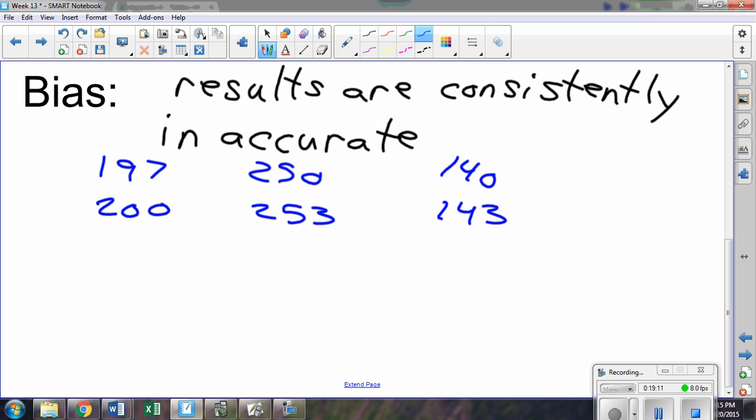And of course, we could have it go the other way. If it's consistently telling you your weight is less than the reality, that's another source of bias.